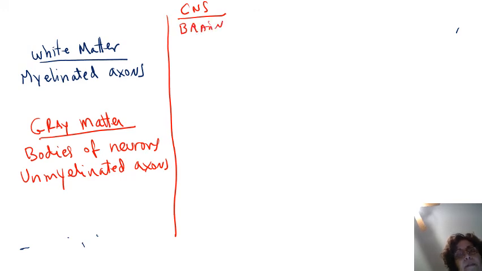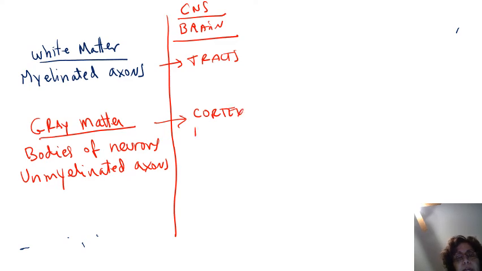In the brain, white matter is found in tracts. Gray matter is found in the cortex and in nuclei.